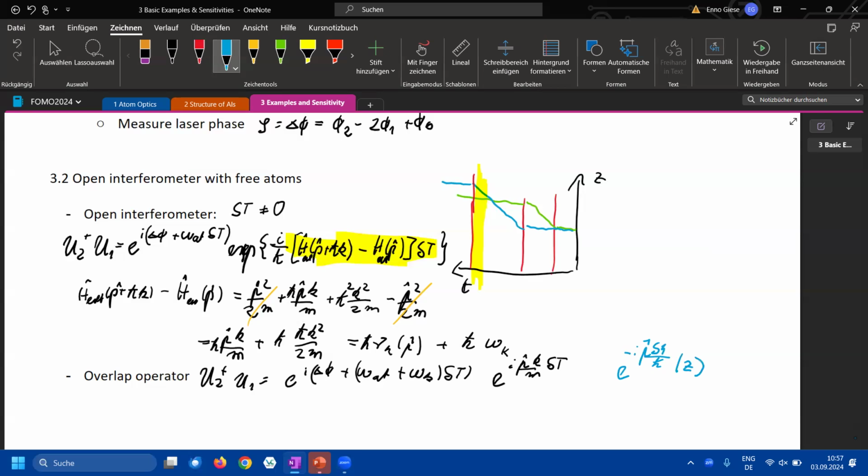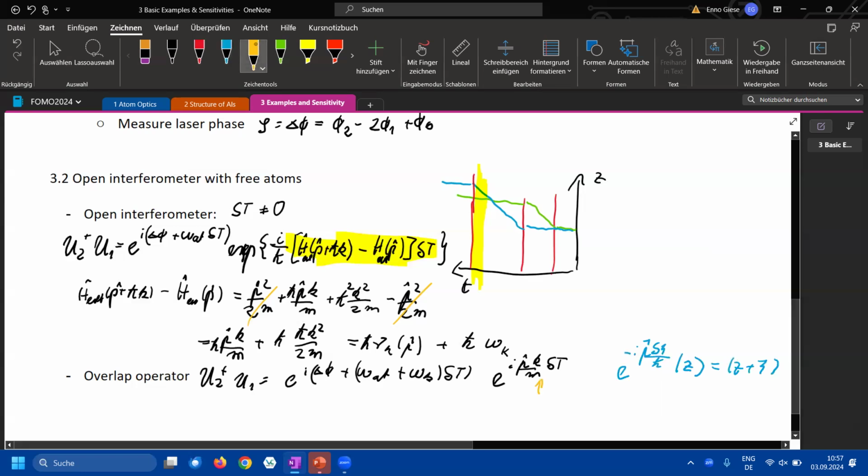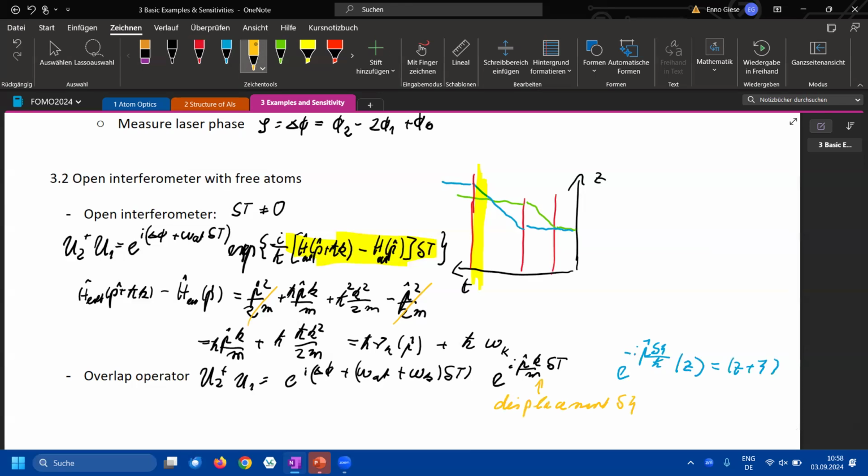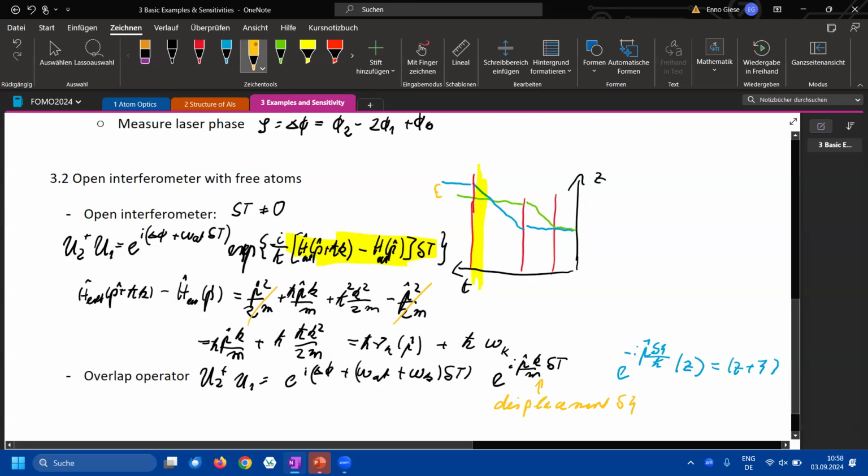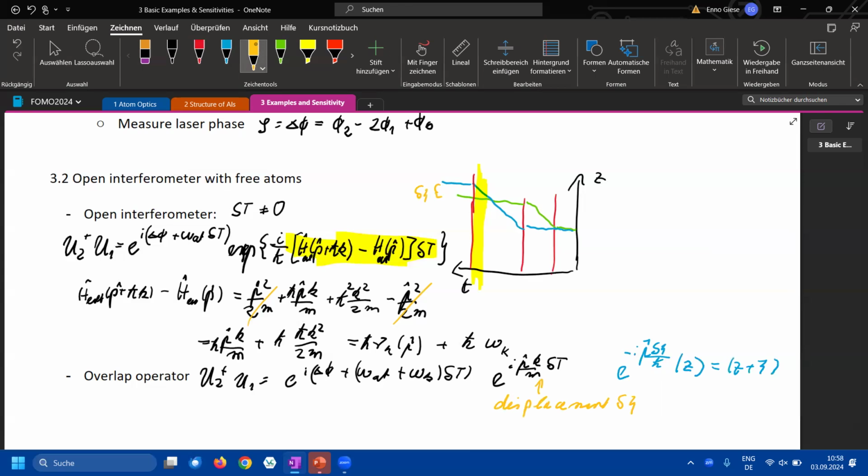This is now a position kick. It will just kick my position by z plus zeta. So in position representation, this effectively describes the displacement in position. I call that displacement delta zeta, and that corresponds exactly to that displacement up there.